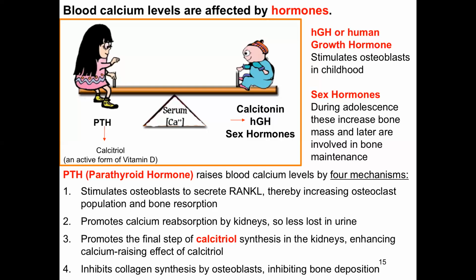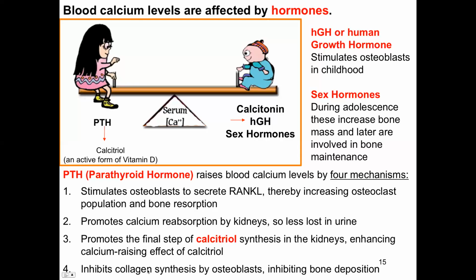All right, so calcitriol is the active form of vitamin D, and parathyroid hormone is needed for that to be made. All right, and we'll go over what calcitriol does in a sec. But basically it has to do with absorbing calcium from the gut, so from your food.